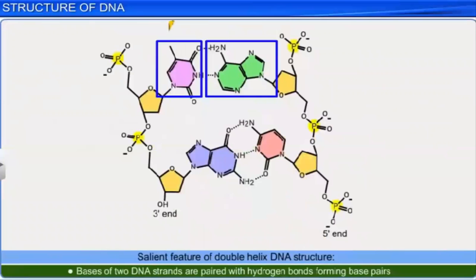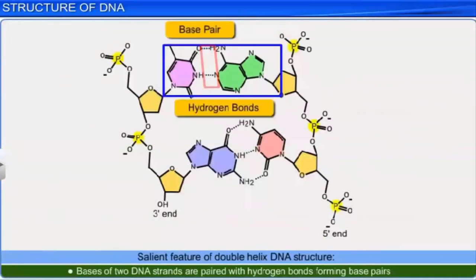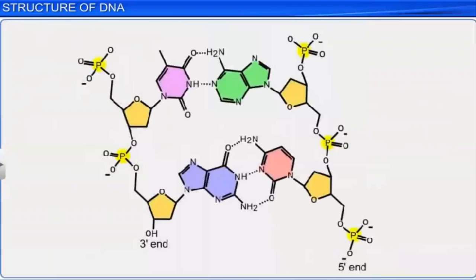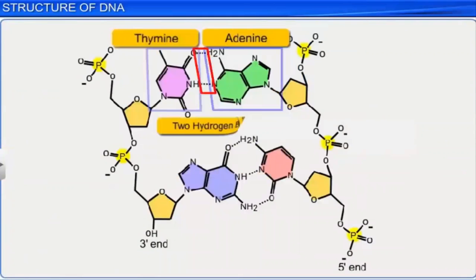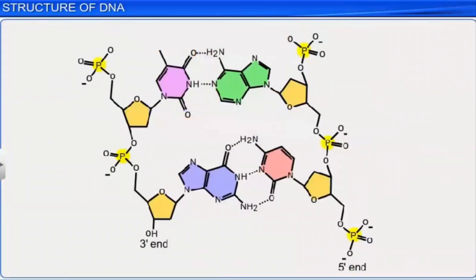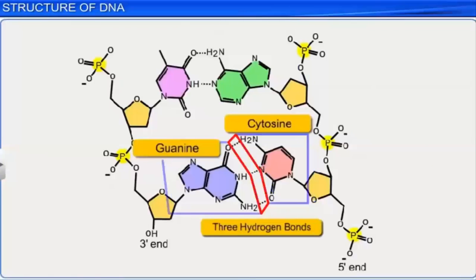Moreover, the bases of the two DNA strands are paired with the help of hydrogen bonds, forming base pairs. Adenine is bonded with thymine from the opposite strand with 2 hydrogen bonds and vice versa. Similarly, guanine is bonded with cytosine with 3 hydrogen bonds.